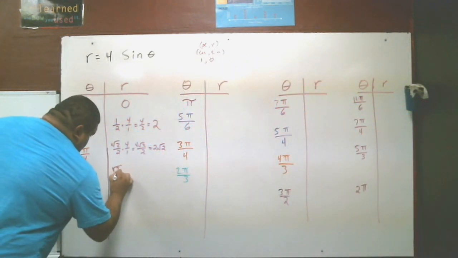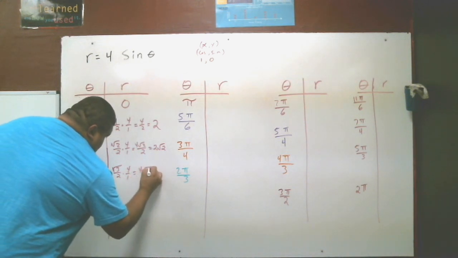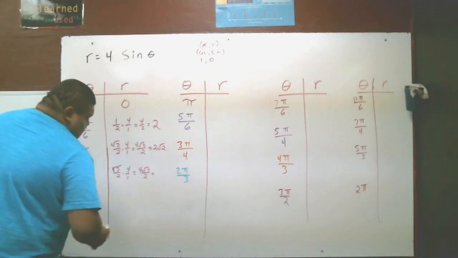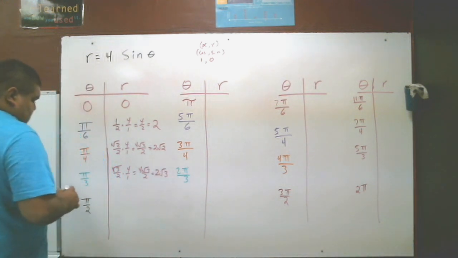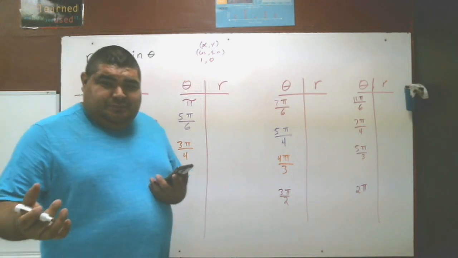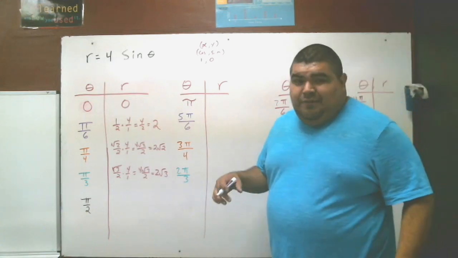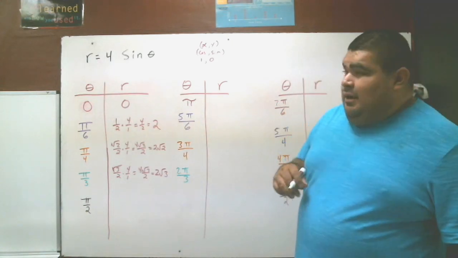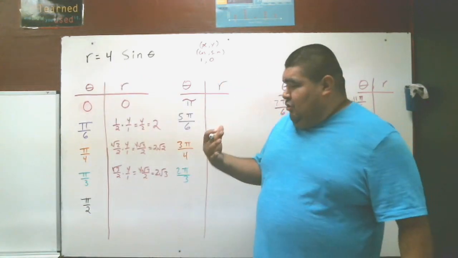So you have radical of 3 over 2 times 4 over 1, which is 4 radical of 3 over 2, which technically again becomes 2 radical of 3. Then we have pi over 2, which is 90 degrees. This time is the opposite. We have a 1. So 1 times 4 is just 4.